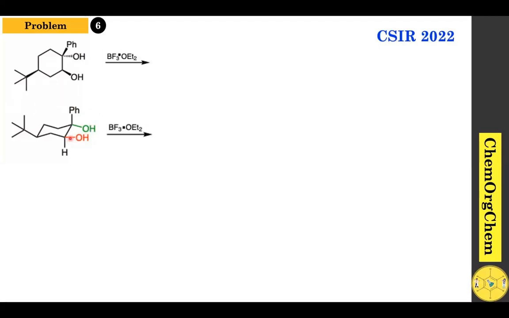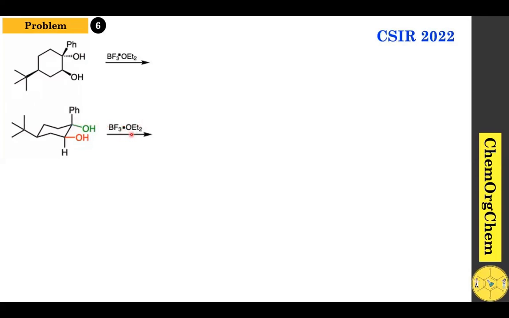Therefore, next we should see, if you generate the carbocation, which carbocation is more stable. For example, when you depart this hydroxy group and place the carbocation here, this one is not very stable because there are no groups to stabilize this particular carbocation. But if you depart this equatorial hydroxy group, here there is a phenyl group which highly stabilizes that particular carbocation intermediate.